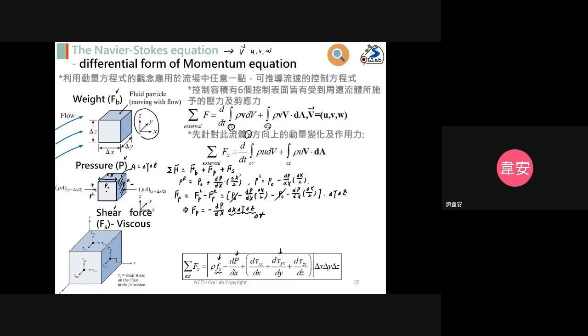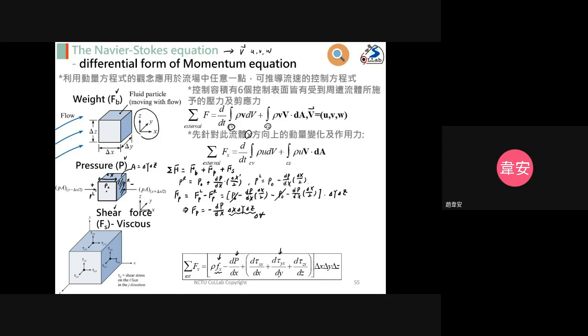Okay, so that's why the second item for the external force is the pressure force related to the pressure gradient along the x direction. So now, how can we get the force from the shear force?